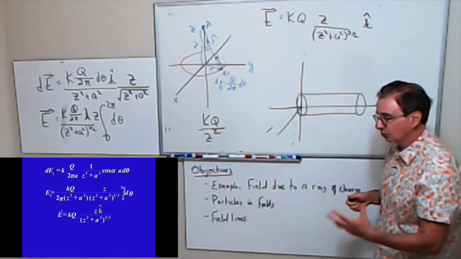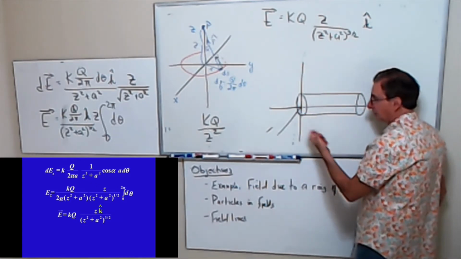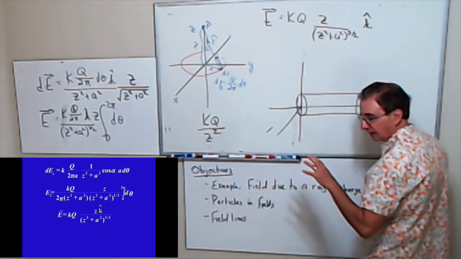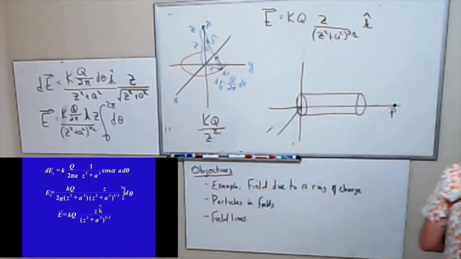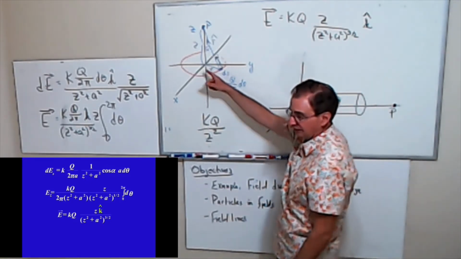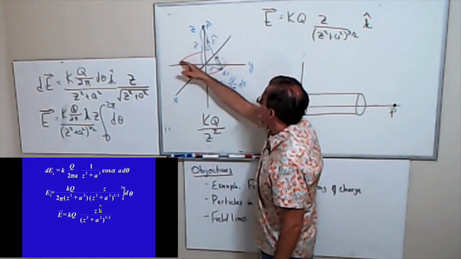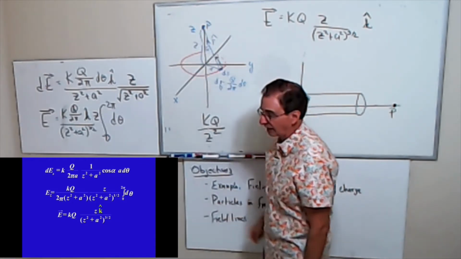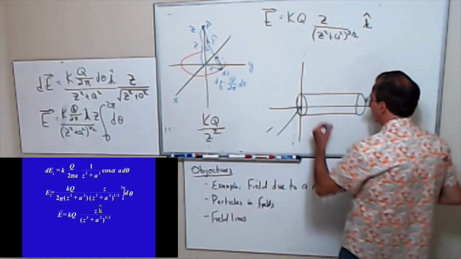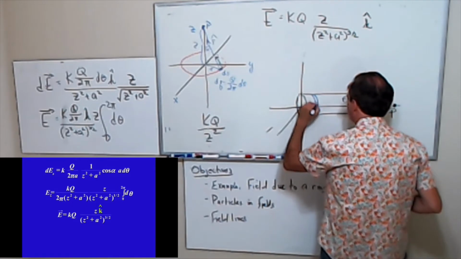What they want you to do is break this up into pieces small enough so that the field has the same value all the way around the dq. You know from the problem we just did that the electric field anywhere around this ring is the same value. So what we're going to do is break this up into a bunch of rings.